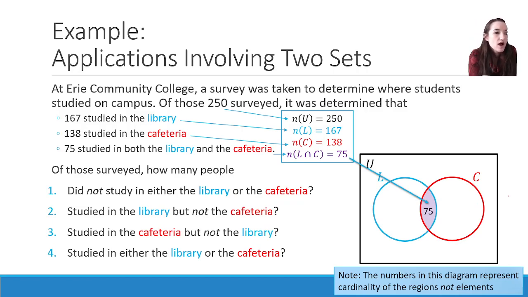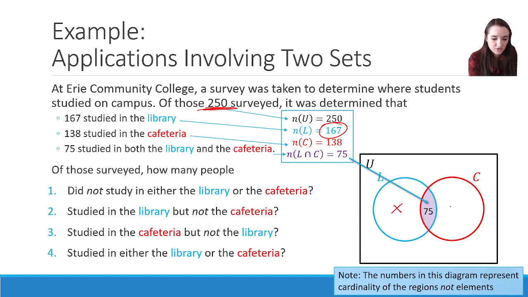Okay, so now how do I figure out the number that goes here? So you may be tempted to say it's 167, but remember our total cardinality, right? That we have 250 total, and if I add 167 to 75, I'm getting pretty close to 250.